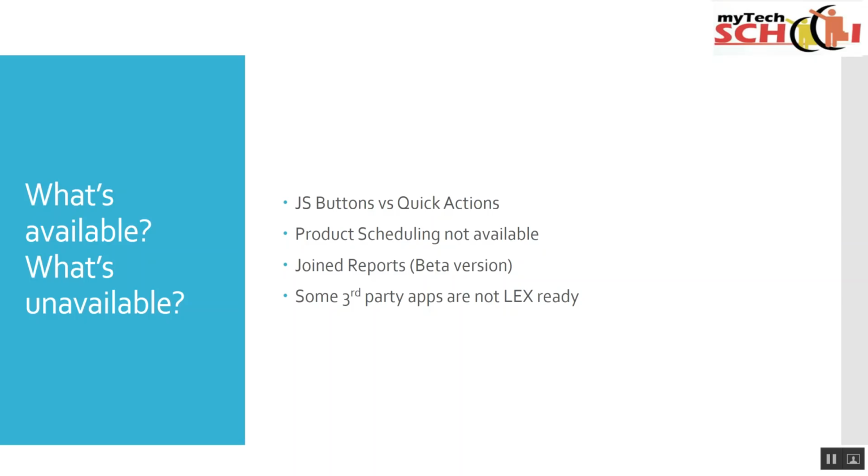Another thing that's not mentioned here but is not available in Lightning is the partner related list on accounts and on opportunities. That's something some companies do leverage, and it's not available in Lightning yet. And as of right now, there is no roadmap for when to release it. The competitors related list is also not available in opportunities, and Salesforce is actually phasing that out.